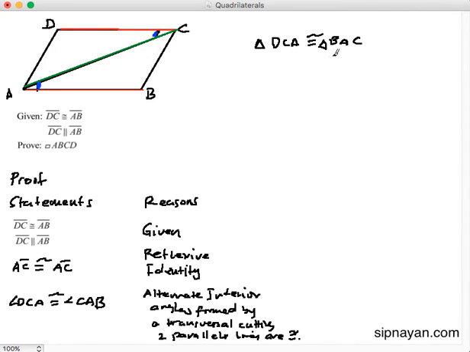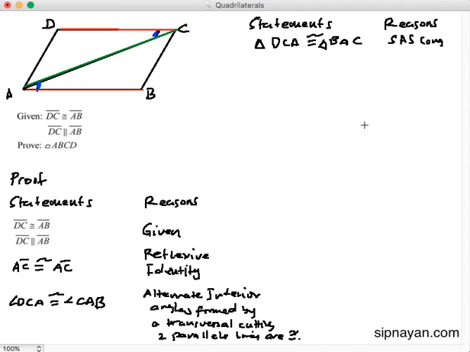So, triangle DCA is congruent to triangle BAC. Which means that this is by SAS congruence. Yun ang ating statements and reasons. Statements and reasons here.